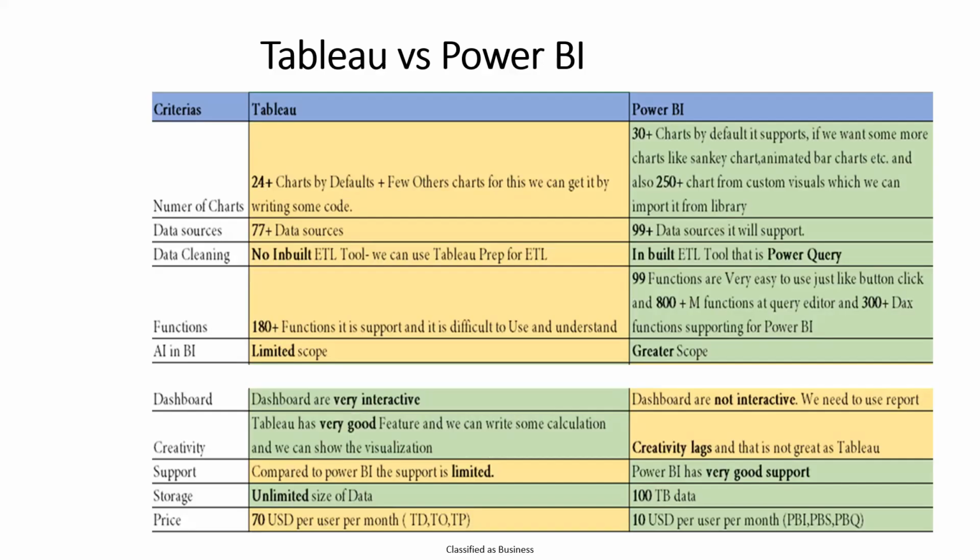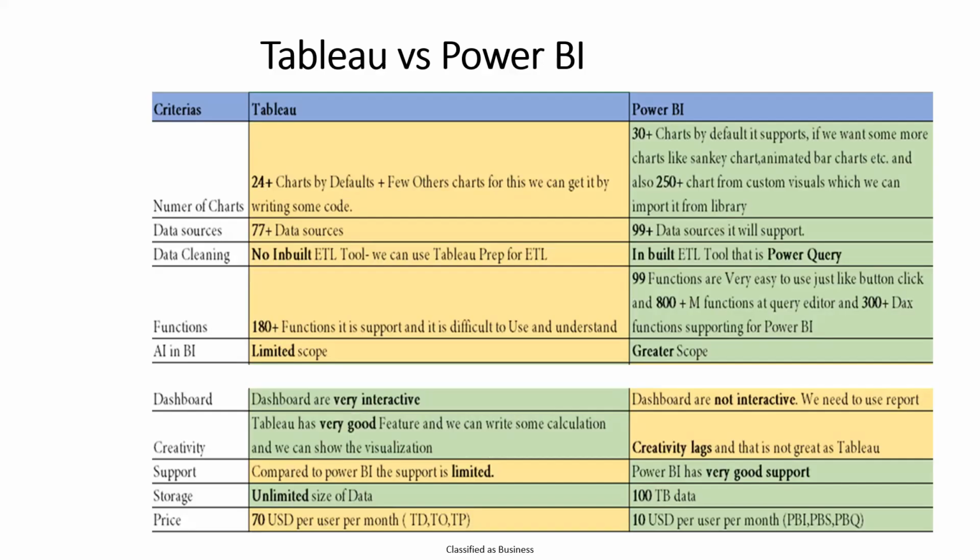And coming to the data functions, I mean business functions, 180 plus functions are supported, and most of the functions are a little bit difficult to understand. Here in Power BI, for some of the functions you don't need to write any code. With the AI based features and button click, we can easily get those formulas and functions.